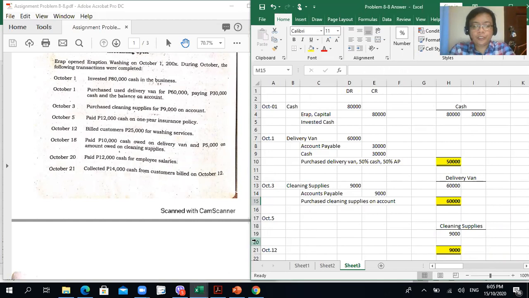Again, you purchase cleaning supplies. Cleaning supplies is part of your asset, correct? So if you increase your asset, which is cleaning supplies, it is to be debited. Is cleaning supplies on the debit? Yes. And then you increase your accounts payable. Why? Because you have no means to pay for the meantime.